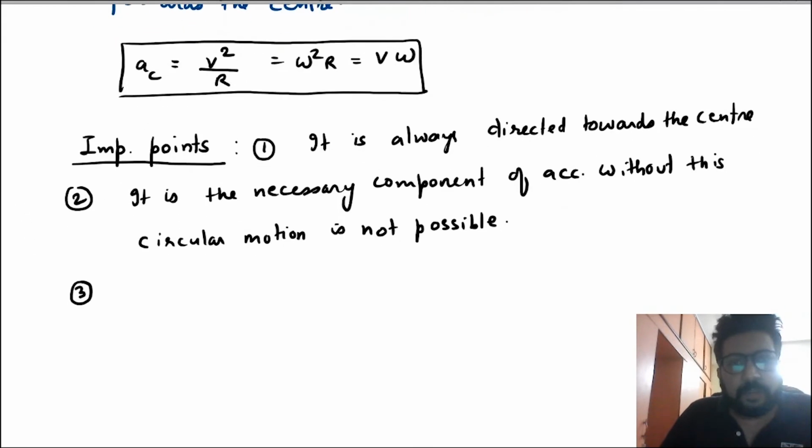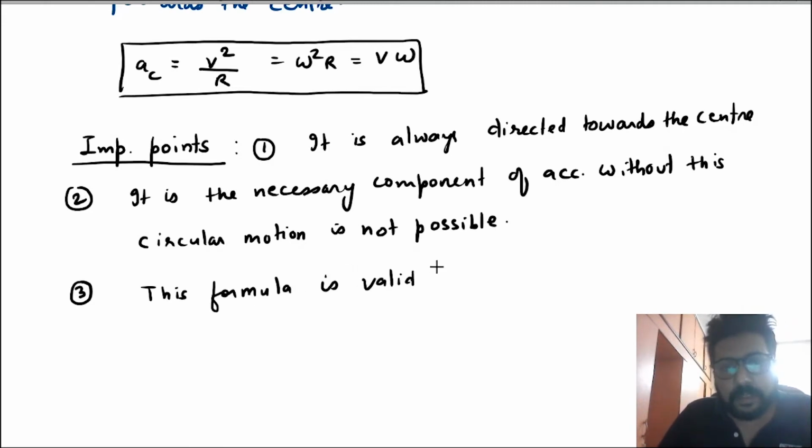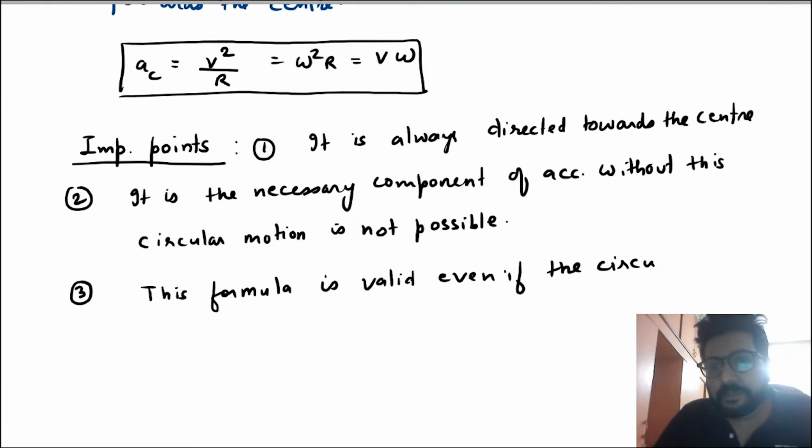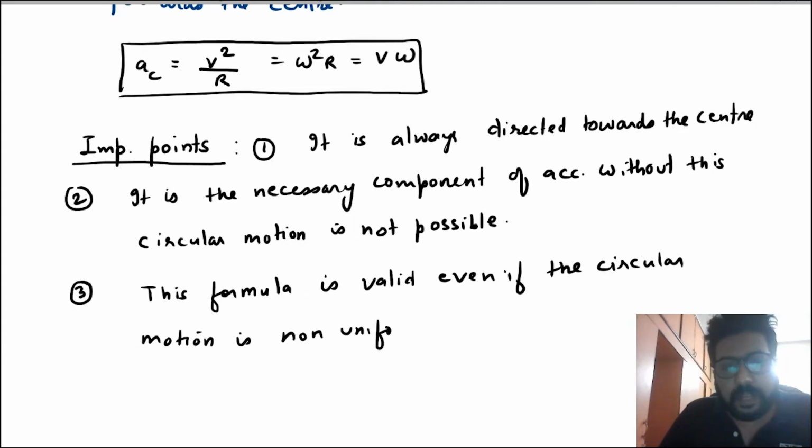Third important point is this formula is valid even if circular motion is non-uniform. That means there is an angular acceleration, because if there is an angular acceleration, the value of speed will change, but this is the instantaneous acceleration, right? So you need only the instantaneous speed.